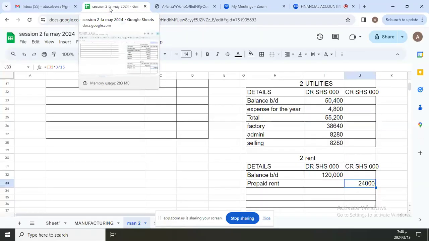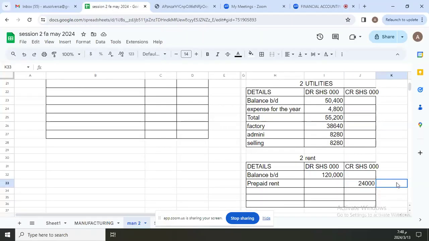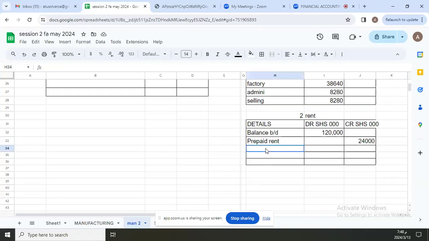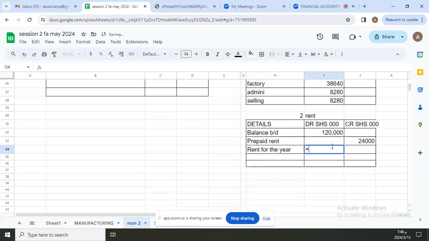Okay, so now it means our rent for the year is how much? It is this one minus this one. We have 96,000. What does the question say about rent on apportioning?